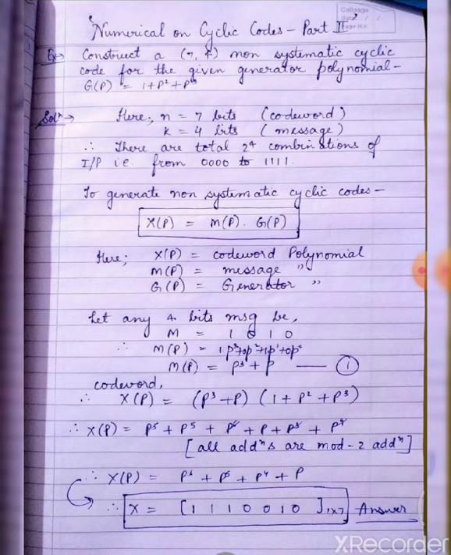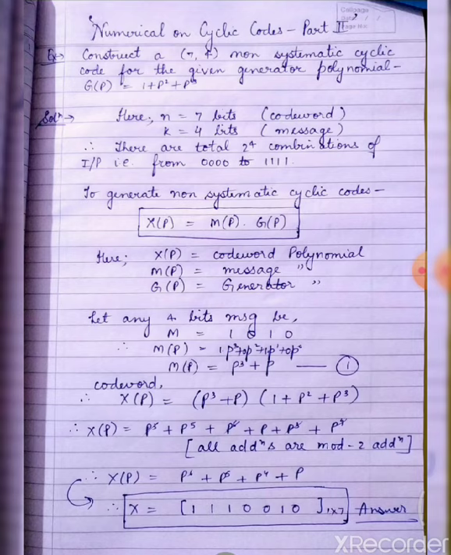The digit next to the LSB we will multiply by p to the power 1, the next digit by p to the power 2, and the next digit by p to the power 3. When any quantity is multiplied by 0, it is 0. So finally m(p) comes to be equal to p cube plus p. P to the power 0 is always 1.